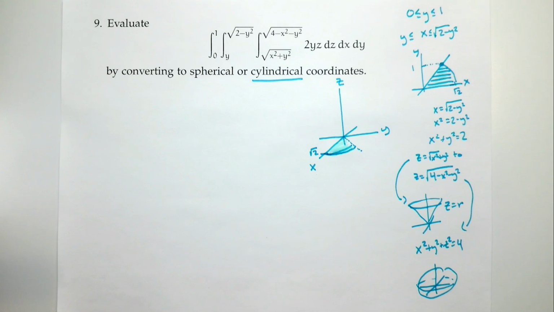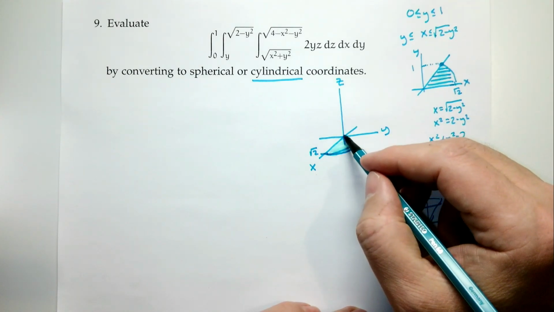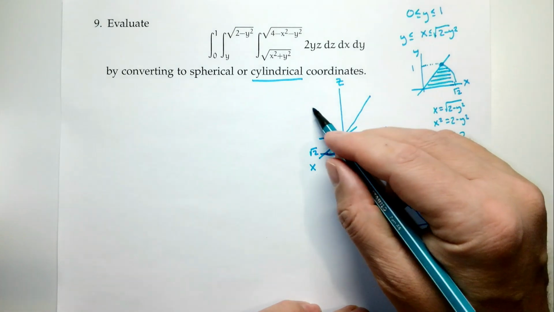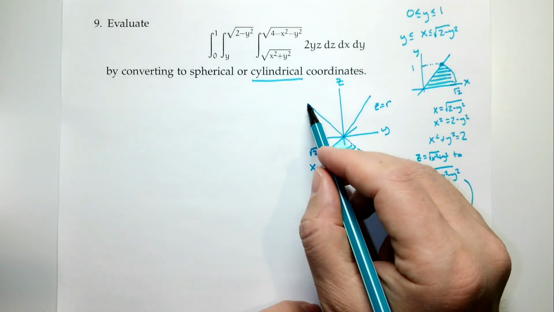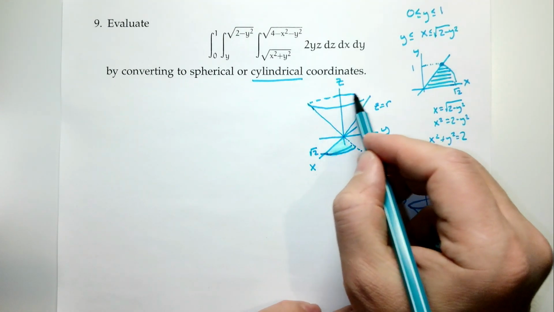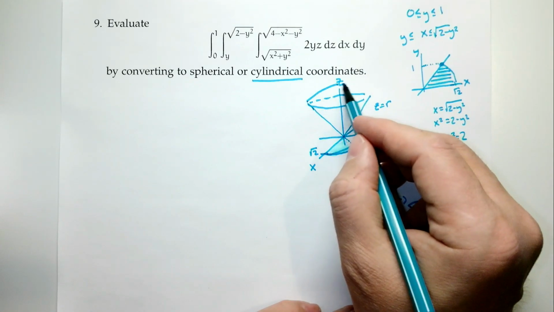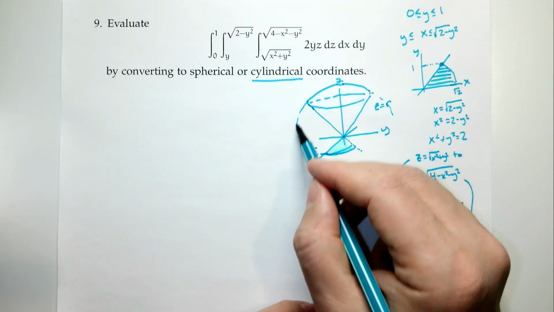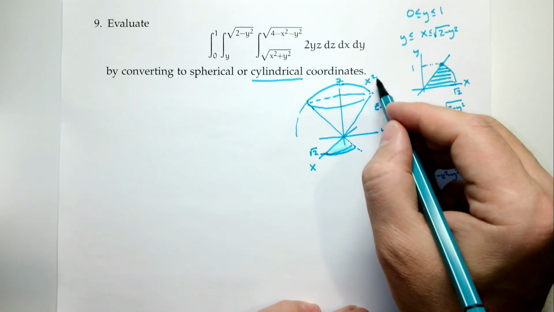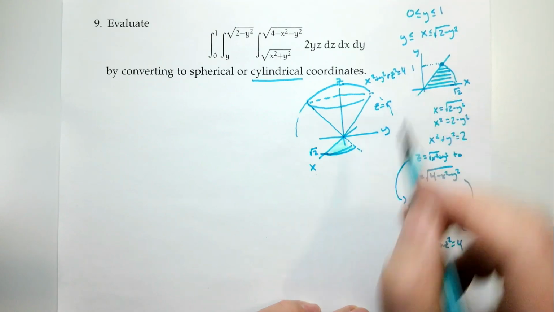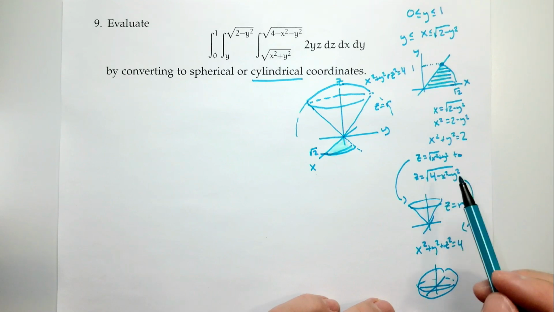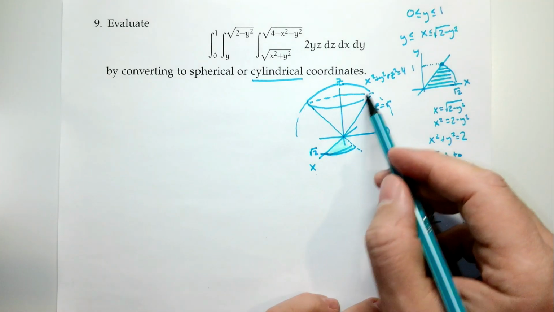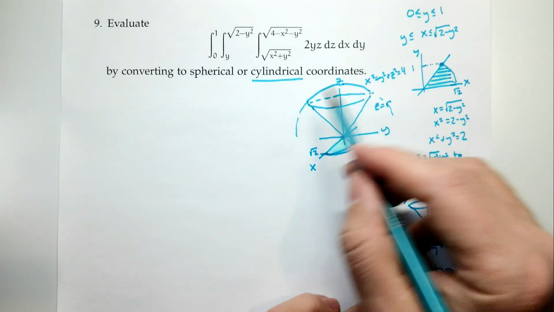Now, what's happening above here? Well, above here, we're going from a cone. So we have this cone at z equals r. And we're going up. And eventually, the top of it is going to be a sphere. So this is our sphere, x squared plus y squared plus z squared equals 4. So if we are very patient here, if we think about what's happening, when do these two surfaces intersect? So this cone, when does it hit that sphere?